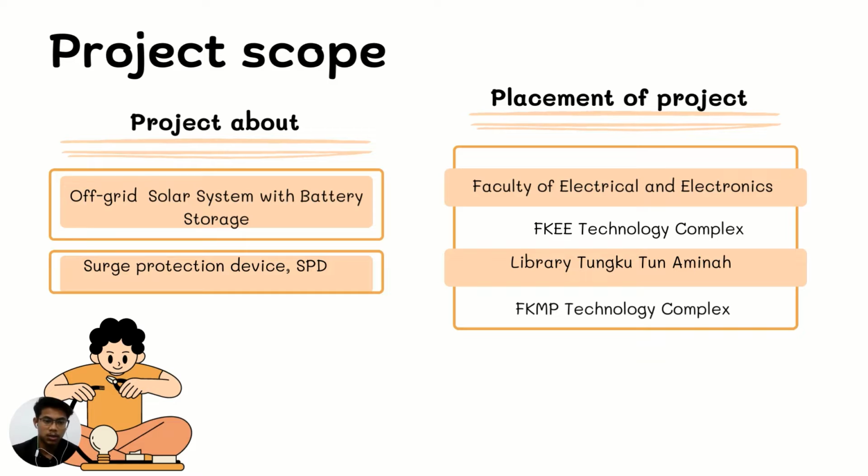It will also be installed with a surge protection device in order to protect the PV system from being damaged by lightning. And then the placement of this project covers 4 buildings, which are the Faculty of Electrical and Electronic Buildings, FKE Technology Complex, Library Tunku Tun Aminah, and also the FKMP Technology Complex.